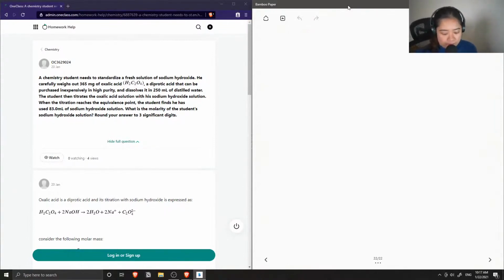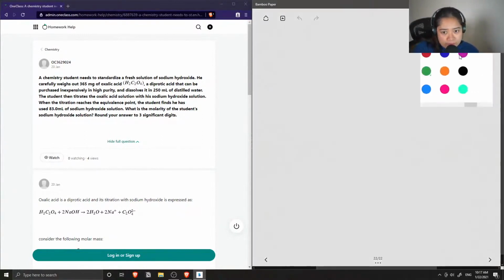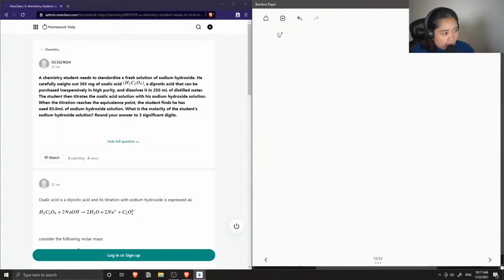Okay, so let's first write out the titration of oxalic acid with sodium hydroxide. They gave us the chemical equation for oxalic acid, which was H2C2O4.